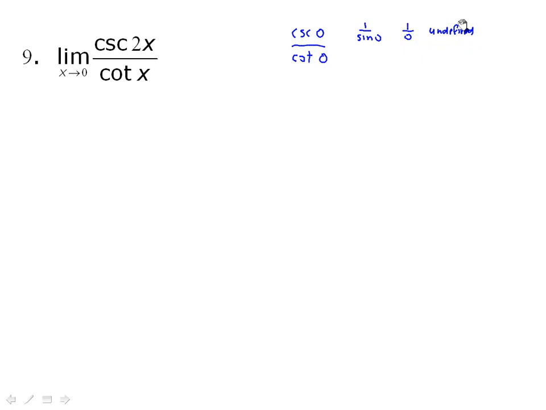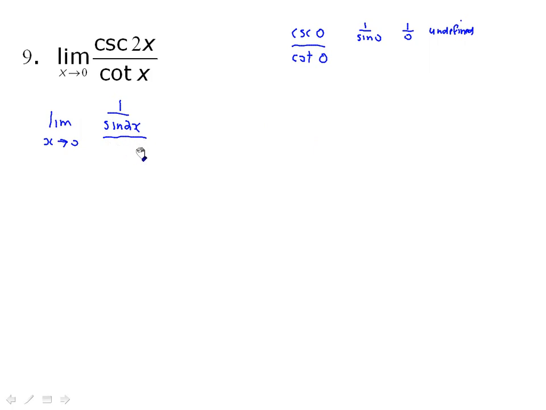So we have to do our best to simplify it until we get it into the 0 over 0 form. So when I look at cosecant of 2x, I'm thinking 1 over sine 2x. And as always with these, pause me and go through it on your own. Many of these are just algebra.